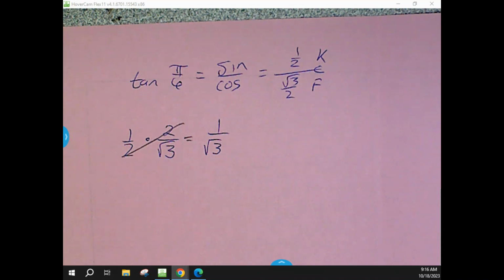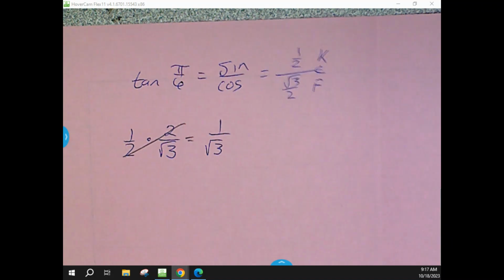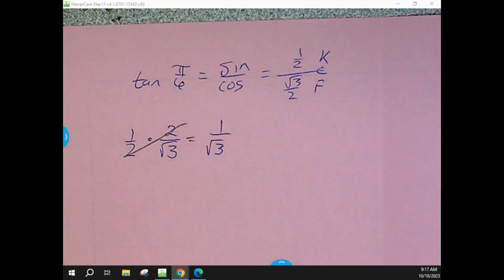All right, now here's the thing. Eventually one day you will not have to worry about this, but unfortunately in the meantime you have to worry about this. They tell you cannot have a square root in the denominator.